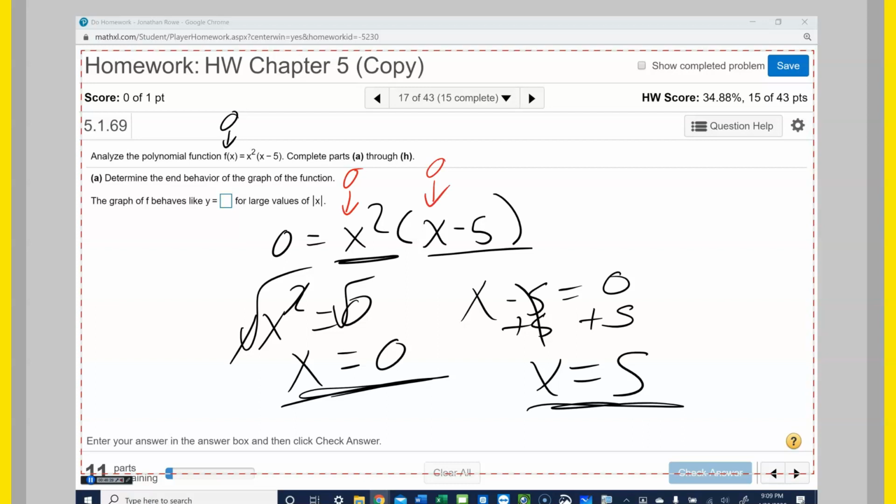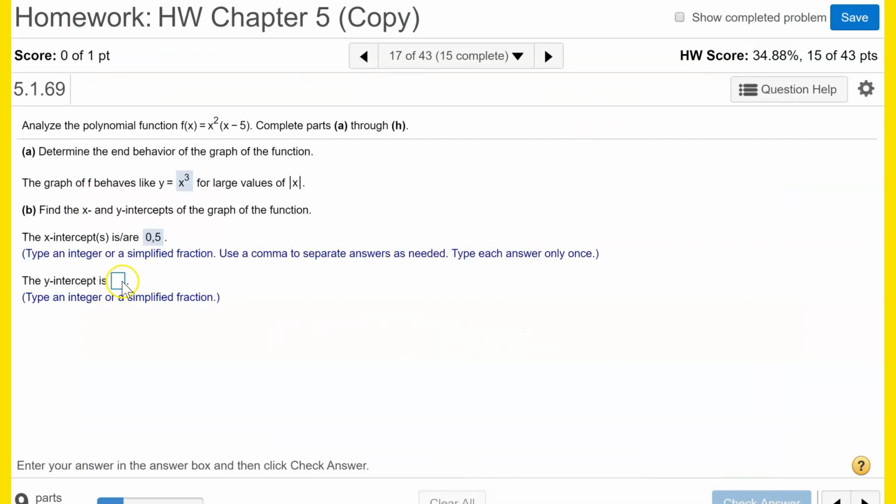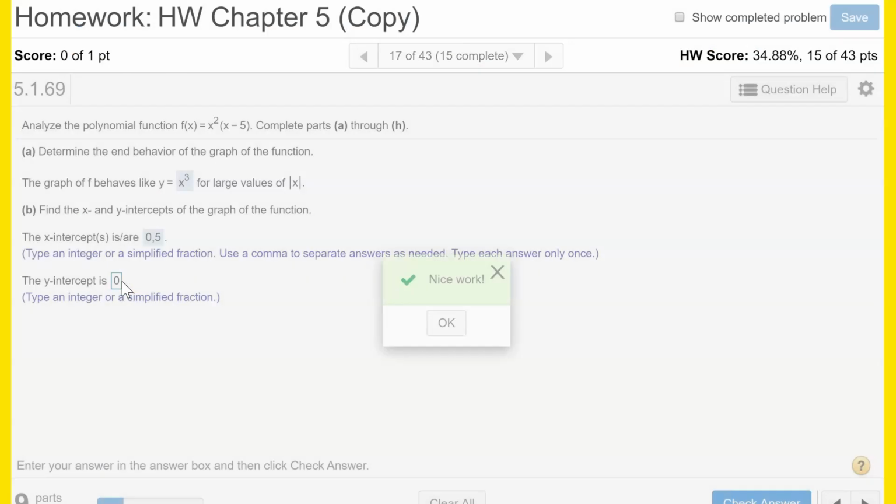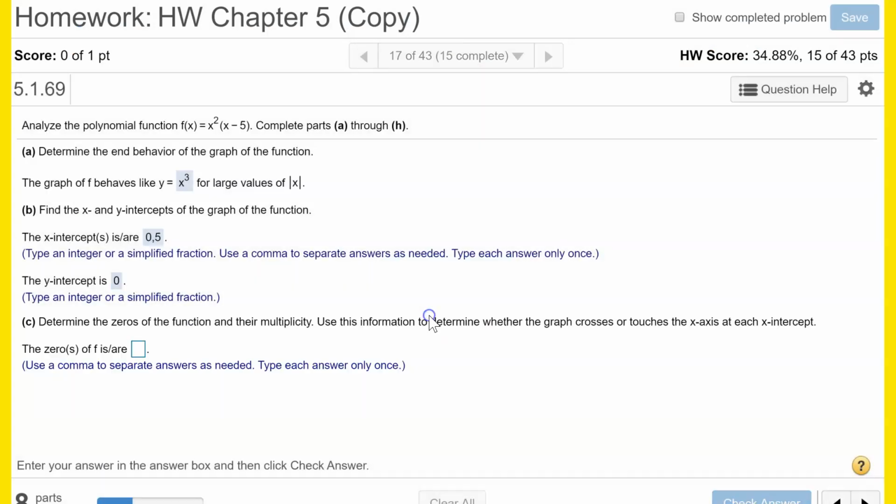If I do that, 0 squared is 0, and 0 times anything is still 0, so I'm just going to get 0. So the y-intercept, if I plug in 0 for x, is just 0. That won't always be the case, but it is the case here.